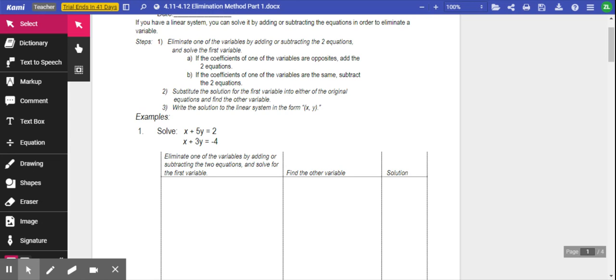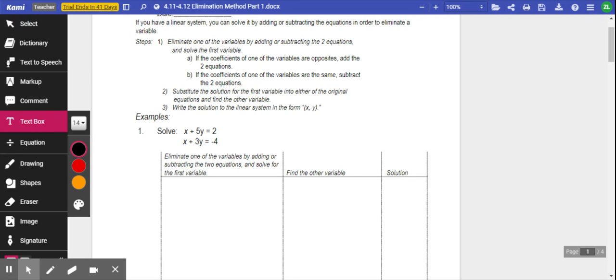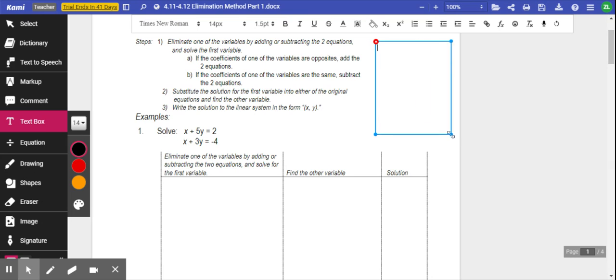So if the coefficient of one is the opposite of the other, so say for instance, we have one that is negative and one that's positive, we add. If we have two of the same, for instance, we're going to subtract.